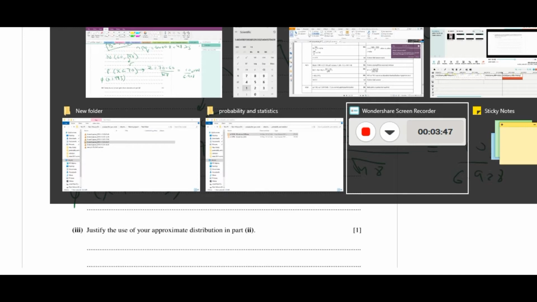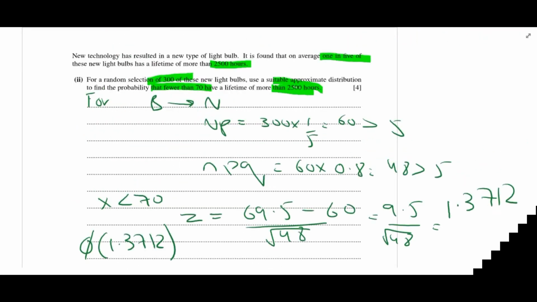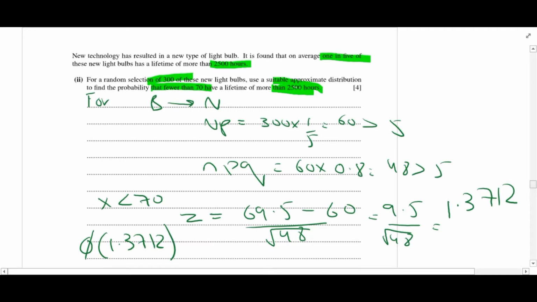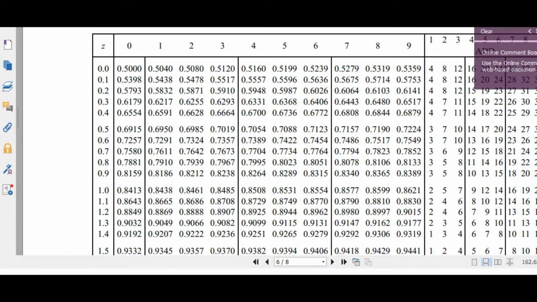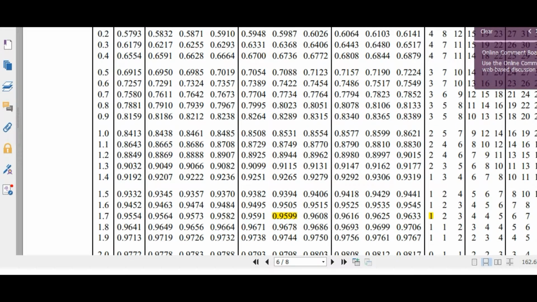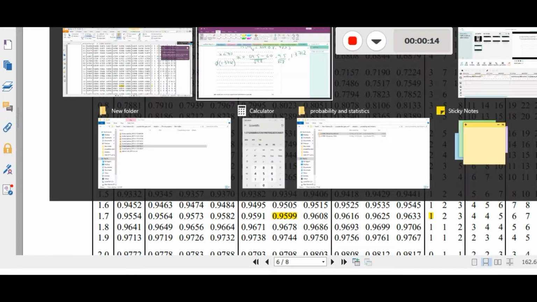So we need to go to the normal distribution chart again. To calculate the value of phi of 1.371, we again have to refer to our formula sheet.